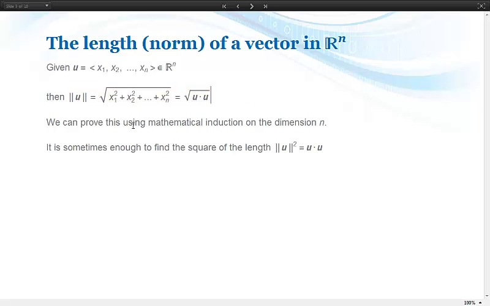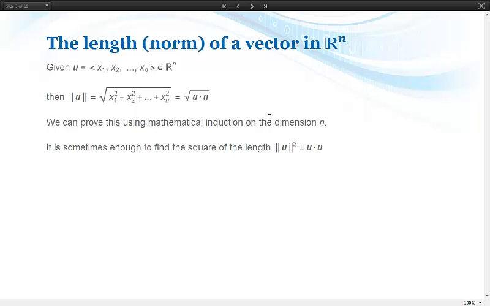Now we can prove this theorem using mathematical induction on the dimension n. That is, assuming that it works in two-dimensional space, then the length of one of the legs can be added to the length in two-dimensional space to get one in three-dimensional space, etc. But we won't go into the details of that proof here.